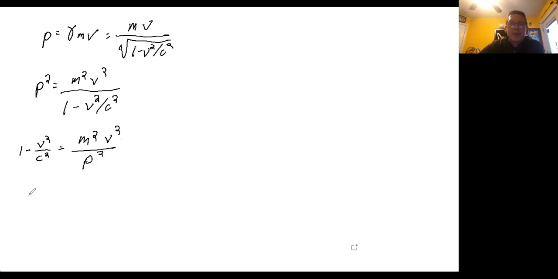Multiplying c squared on both sides, you get c squared minus v squared is equal to m squared v squared c squared over p squared.